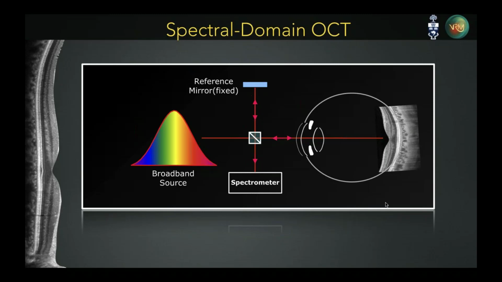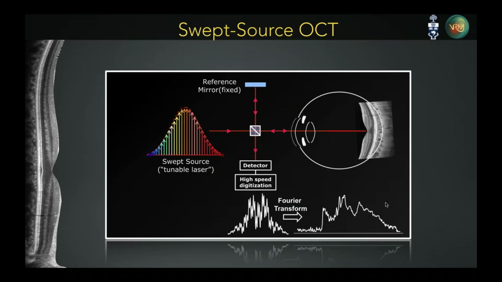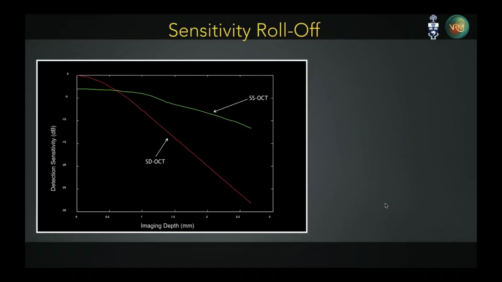Spectral domain OCT relies on a broadband light source with a reference mirror and a spectrometer, which then basically allows reflected light that comes back from the retina to be captured on a reference mirror. If we took a look at Swept Source OCT, the process is also still very similar, except in this case, the Swept Source laser head is a tunable laser and operates at a higher wavelength of 1050 nanometers.